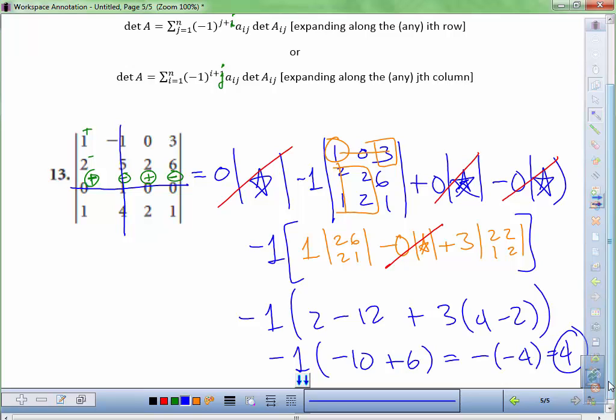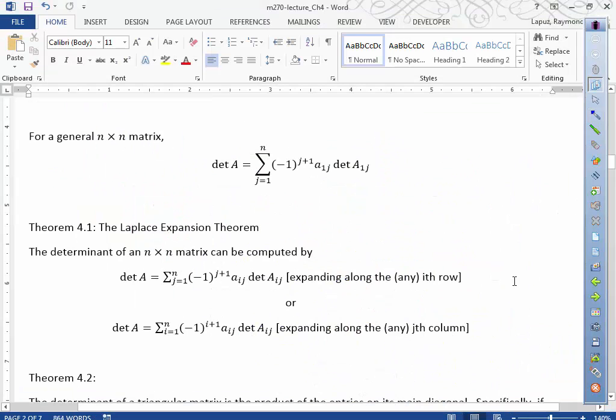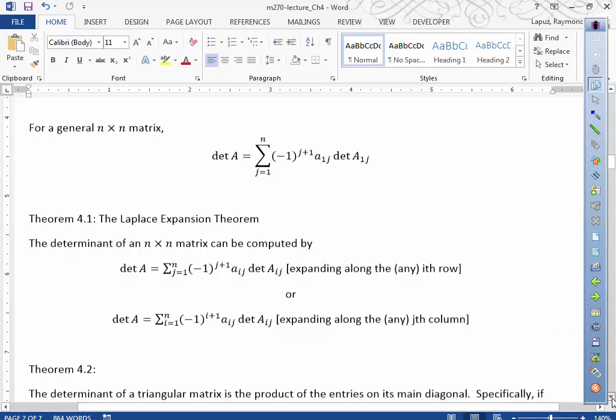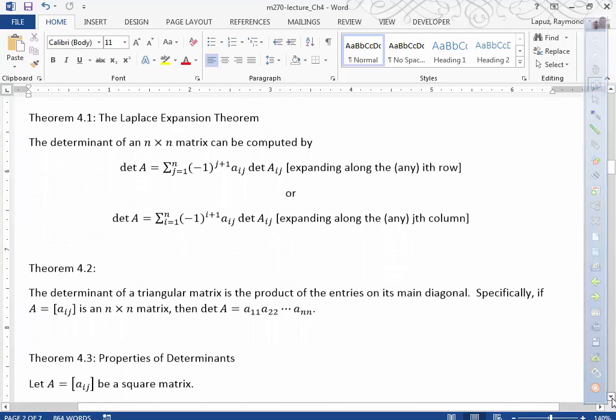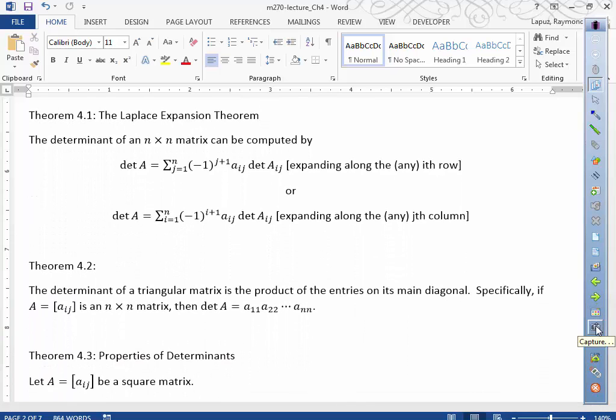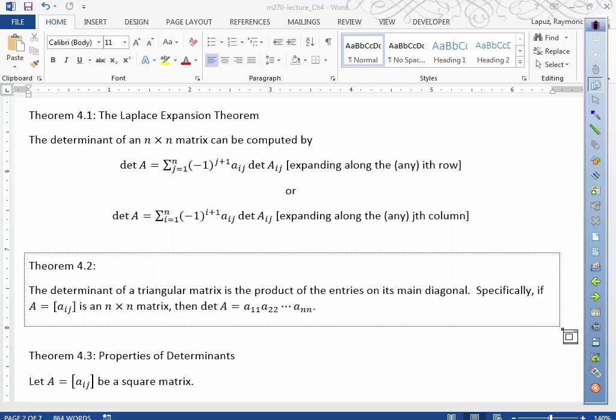Or if we have special types of matrices, then maybe there should be a quick way of finding determinants. All right, let's take a look at the determinant of a special type of matrix.